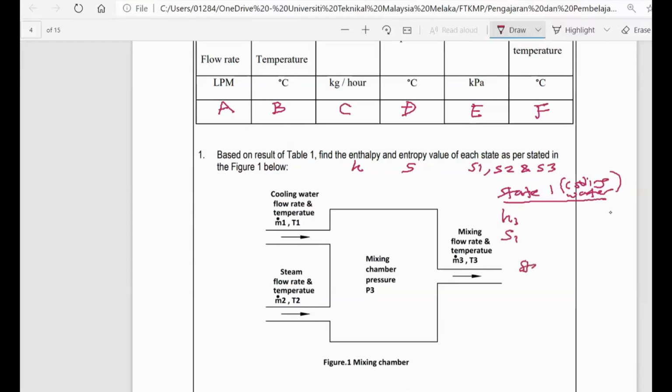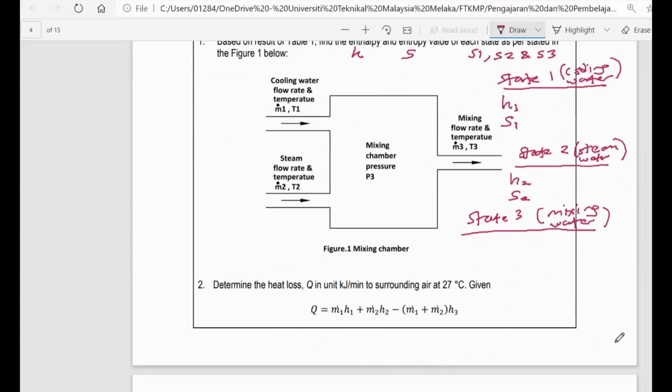State number 2 is the steam, steam water, H2 and S2. State 3 is the mixing water, so H3 and S3.